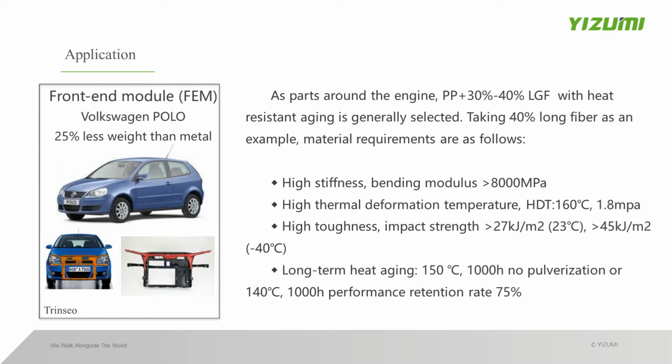At the same time, we know this part is in the engine compartment. So PP with 30 or 50% long glass fiber with heat resistant additives is generally selected. Take 40% long glass fiber as an example. Material requirements are as follows.